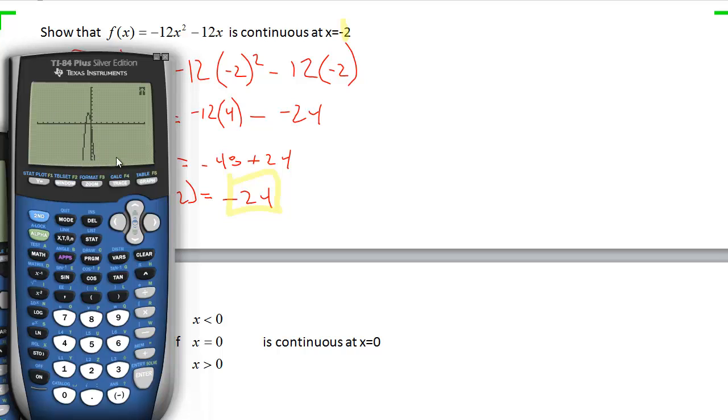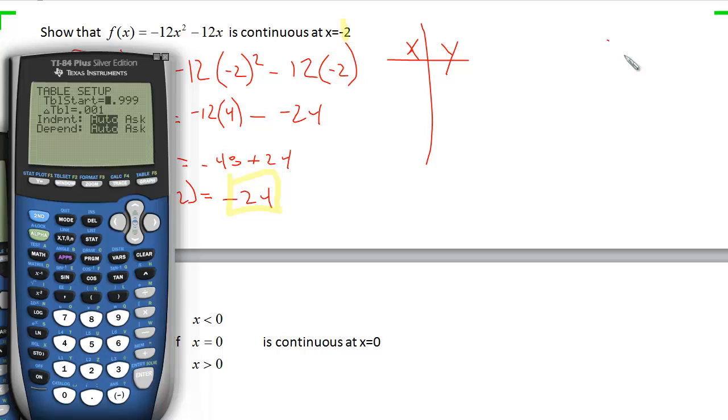We'll go to our table here. Again, I'm going to make an xy, and as I approach it from the left, negative 2, that's going to be negative 2.1, negative 2.01, negative 2.001. Then as I approach it from the right, negative 1.9, negative 1.99, negative 1.999.